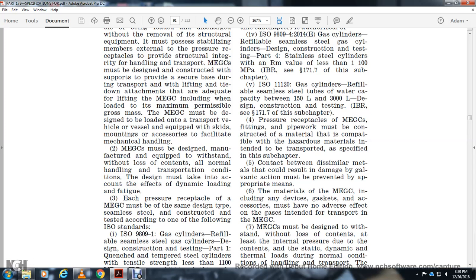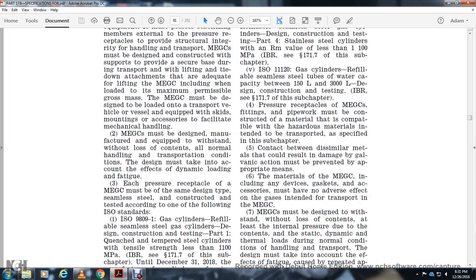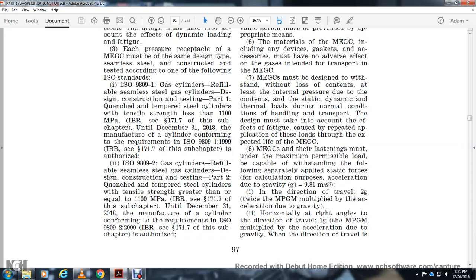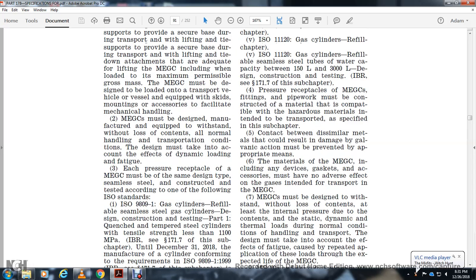ISO 9809-1: gas cylinders, refillable seamless steel gas cylinders, design, construction and testing, part 1: quenched and tempered steel cylinders with tensile strength less than 1,100 MPa, until December 31st, 2018. Cylinders manufactured in conformance with ISO 9809-1:1999 are authorized. ISO 9809-2: part 2: quenched and tempered steel cylinders with tensile strength greater than or equal to 1,100 MPa, until December 31st, 2018. Cylinders manufactured in conformance with ISO 9809-2:2000 are authorized.